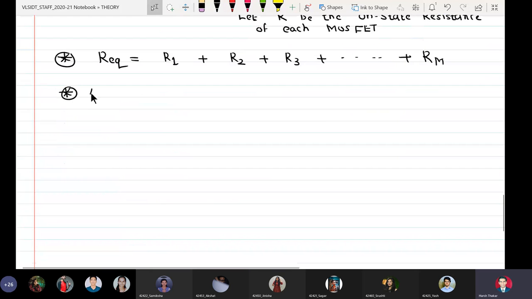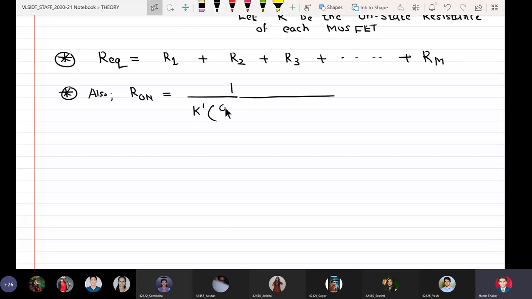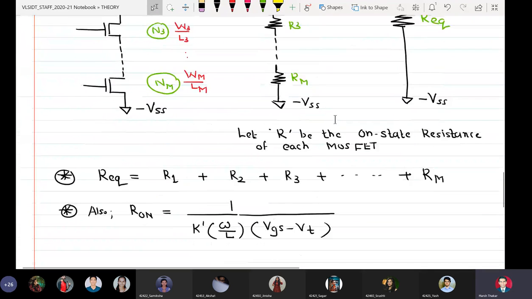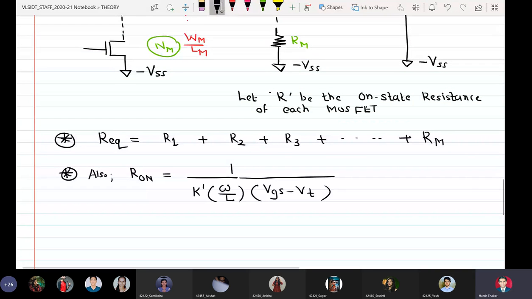So also, R on is equal to 1 upon K dash into W by L into VGS minus VT. In other words, the on-state resistance of a MOSFET is inversely proportional to W by L.